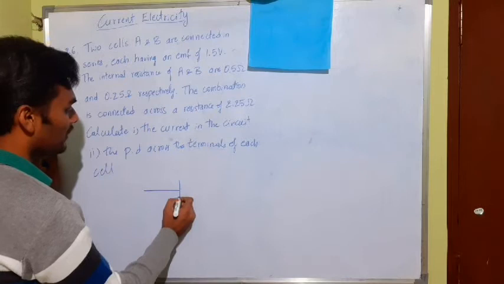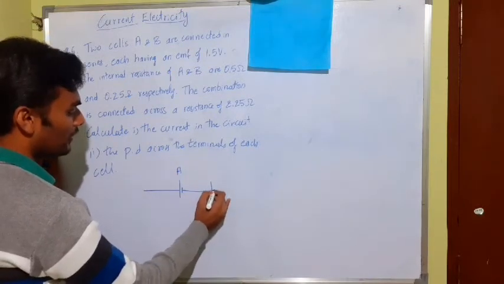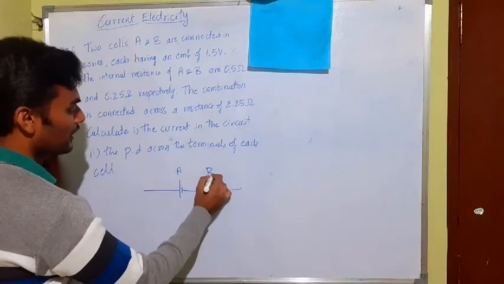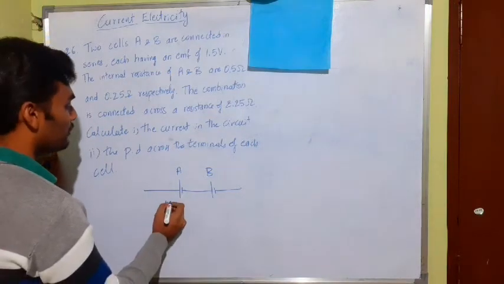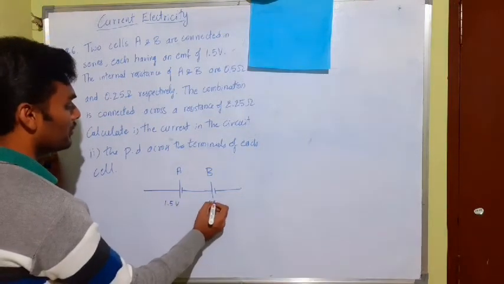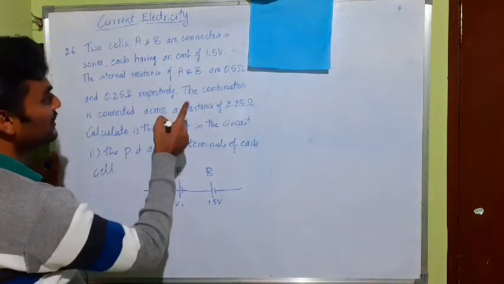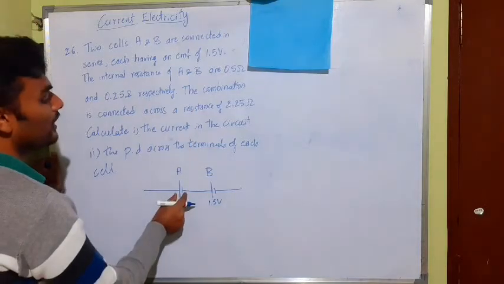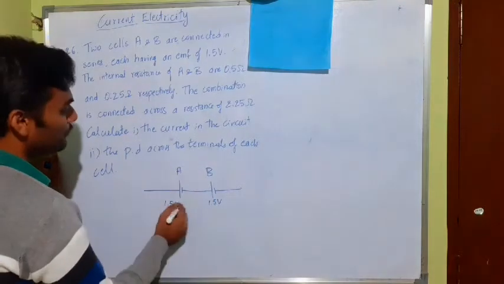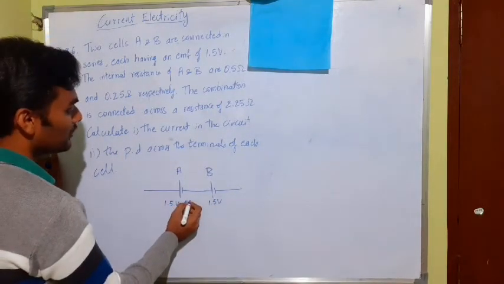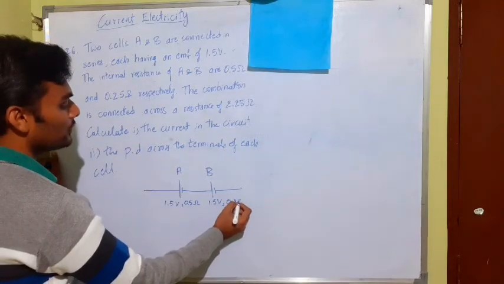Let me call this cell A and this cell B connected in series. Each has the EMF of 1.5 volt. But the internal resistance of A is different when compared to the internal resistance of B. So A has the internal resistance of 0.5 ohm and B has the internal resistance of 0.25 ohm.